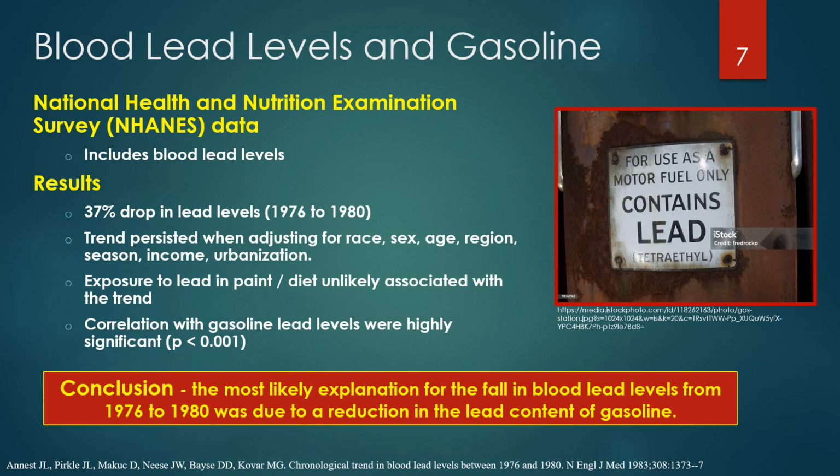Annest and colleagues analyzed the second National Health and Nutrition Examination Survey, NHANES data, that included blood lead levels in the United States and demonstrated that lead levels dropped approximately 37% from February 1976 through February 1980.